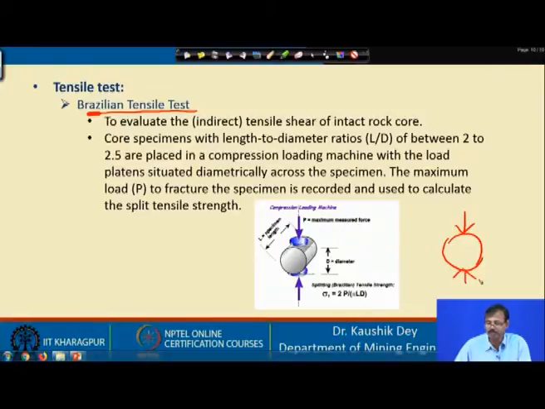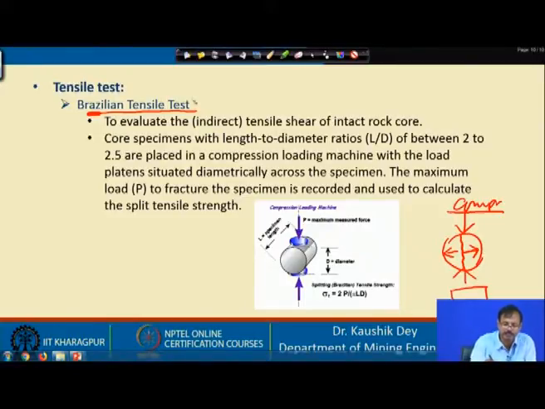Though the loading given is compressive, the specimen fails on the plane where the forces are acting as tensile force. That is why the strength parameter observed is the tensile strength, not the compressive strength.